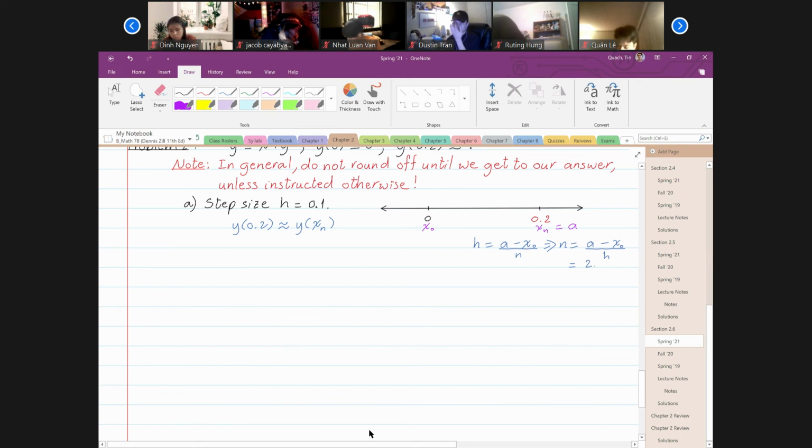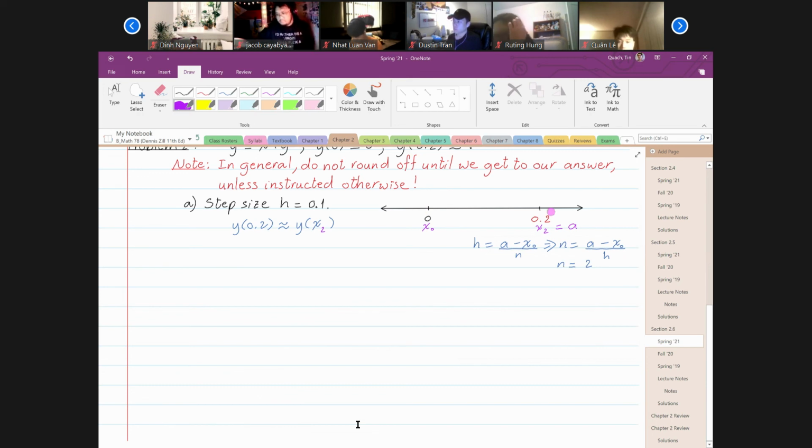So basically you replace this with x sub 2. That's what you are trying to approximate, so you know when to stop. That means you divide your interval into 2 subintervals.